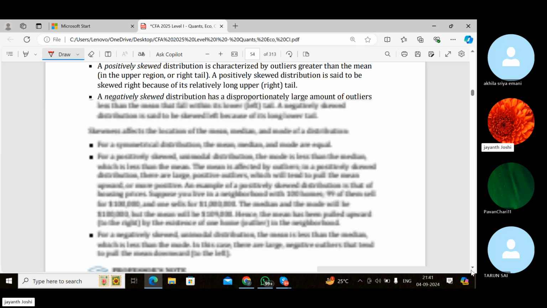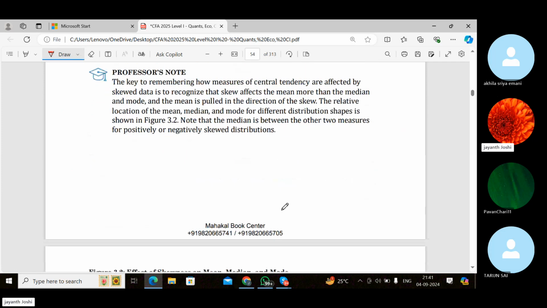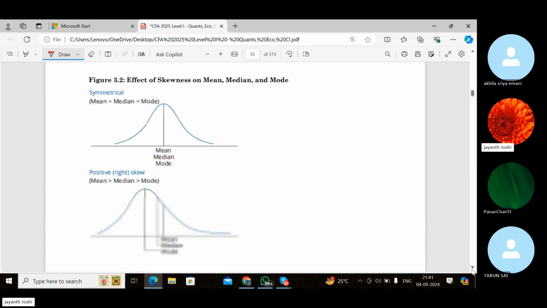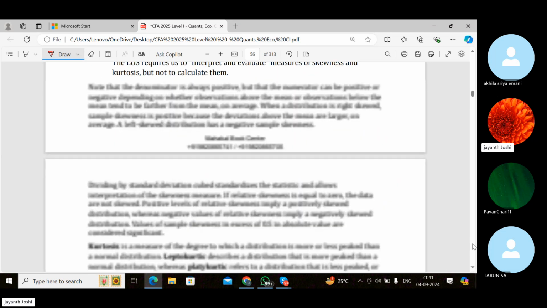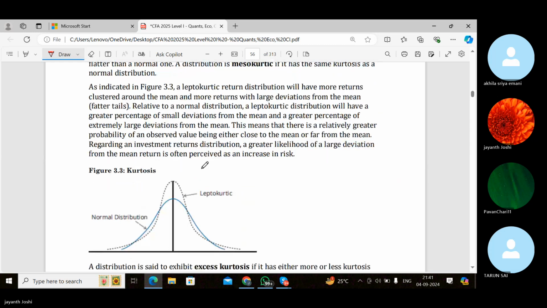More peaked is nothing but most of the data lies near the mean. Let's say this is the normal distribution curve, and if I tell you that your curve is more of this kind, this is peaked. This is your average, and the curve I have just described is nothing but leptokurtic.